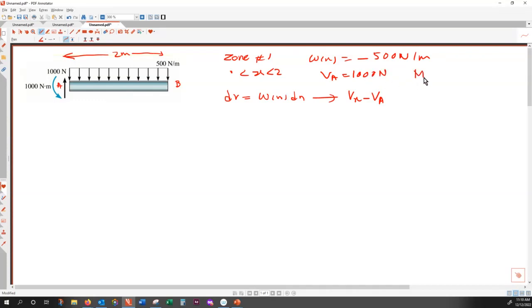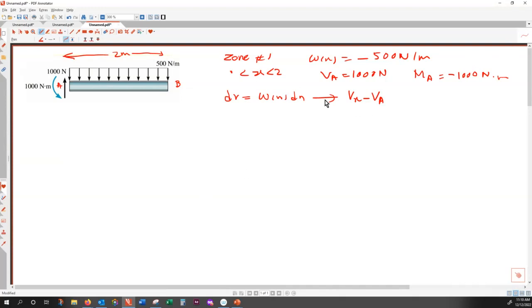And I know that M of a is 1000 Newton meter. Is this positive or negative? That's negative, right? According to the convention we introduced last week, this is negative.